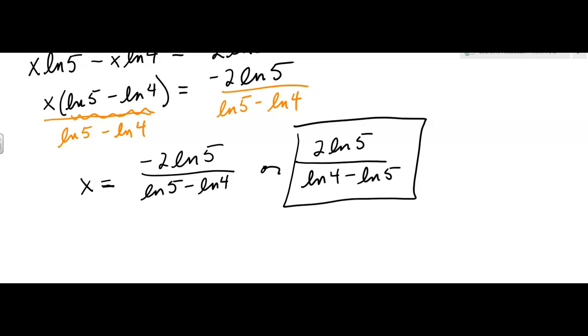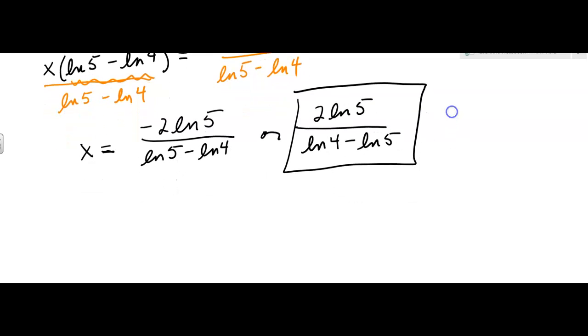Your book doesn't do it that way. They use some more of our properties. So they put the exponent back up and make that the natural log of 5 squared over, and then they're going to combine that to be natural log of 4 over 5.